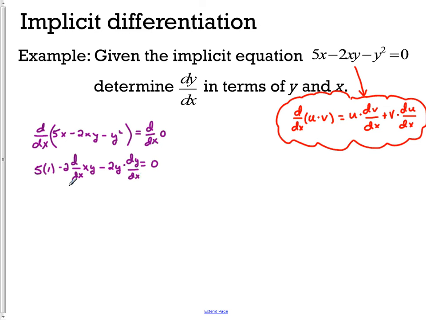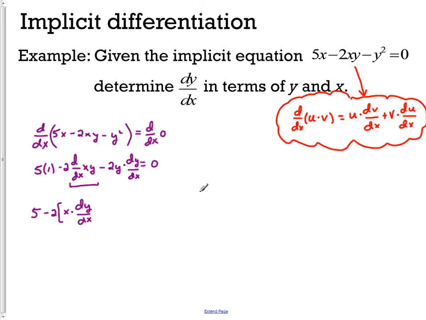Okay, so now we get to this xy mixed term, and let's see what's going to happen when we have to deal with it. In this case, I'm going to have 5 minus 2 times what? Let's see. By our product rule, instead of u and v, we've got x and y. So we're going to take x, which is our first function, times the derivative of y with respect to x.